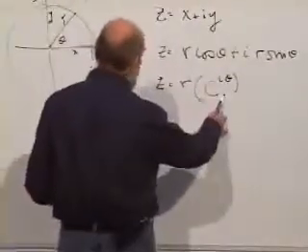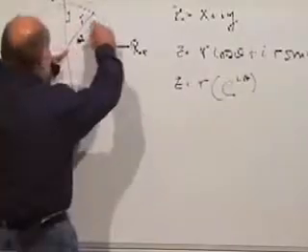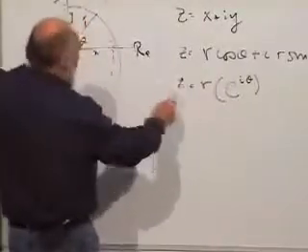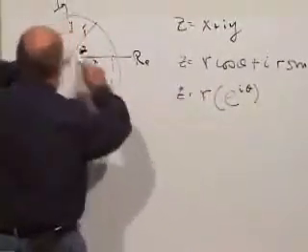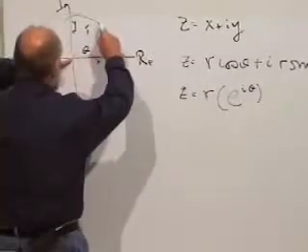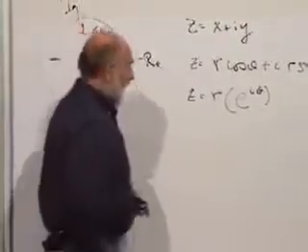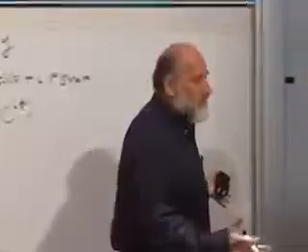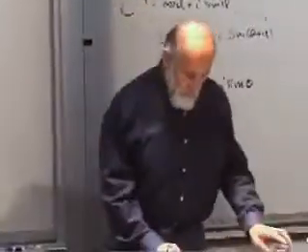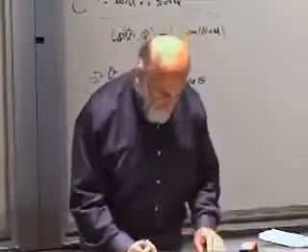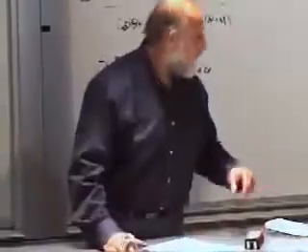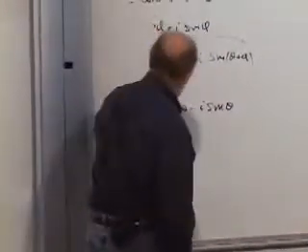Every complex number is a unitary number times a real positive number, and the real positive number is just the radius, or the distance to that point on the complex plane. All right, that's all we need to know. That's all there is to complex numbers. There is nothing else I can think of offhand.